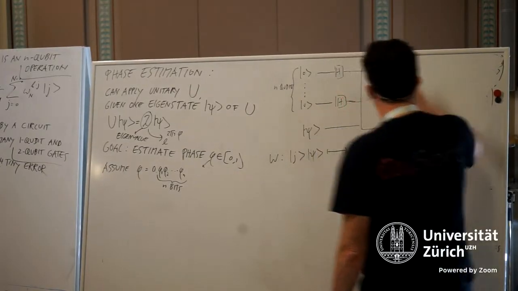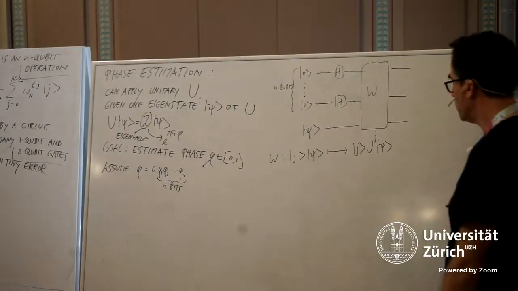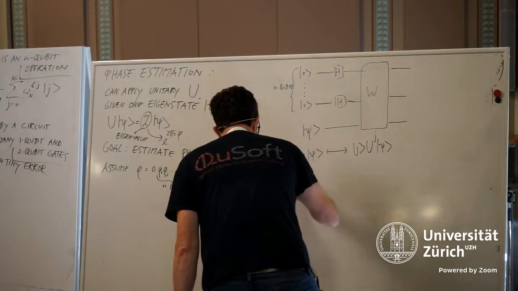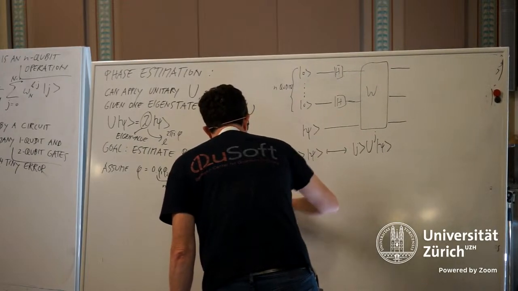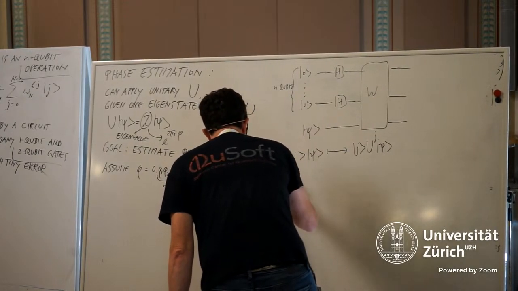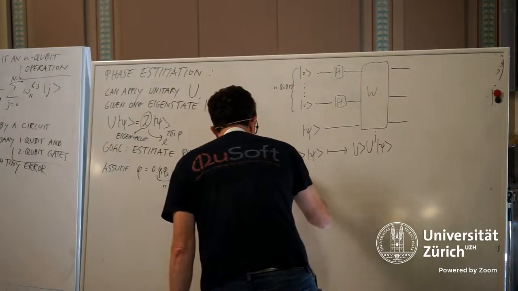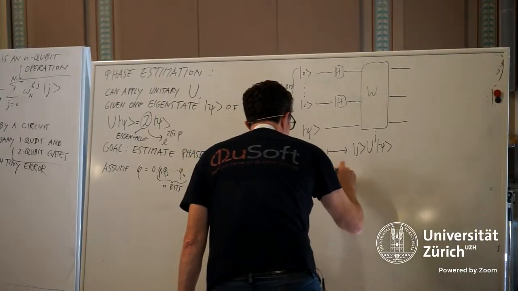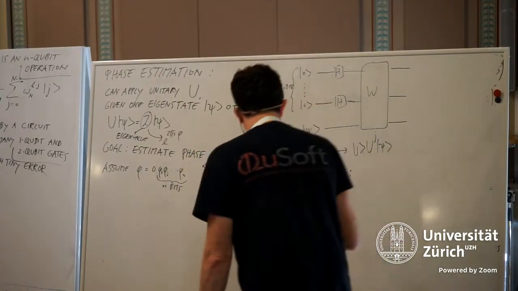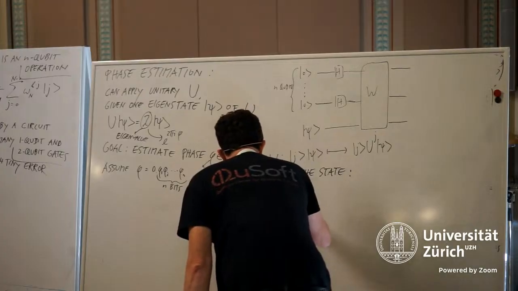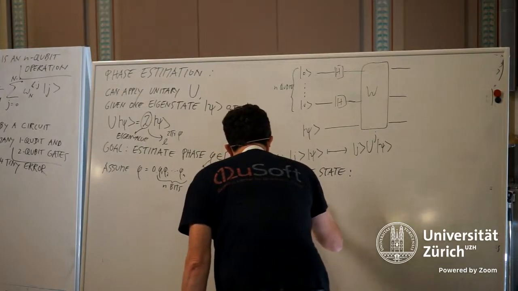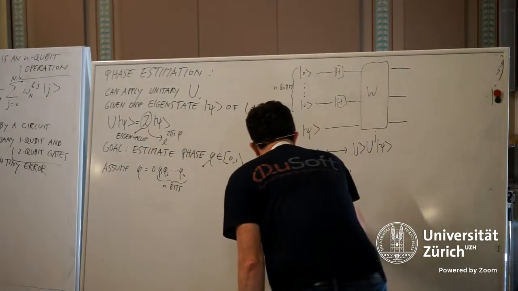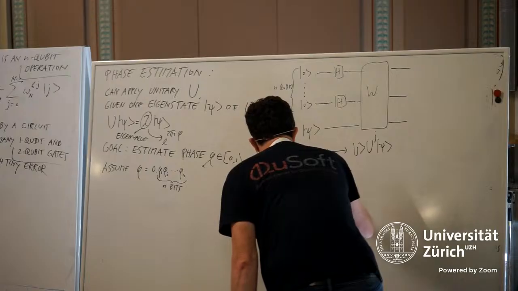Now let me analyze which state we have after this W operation. Let's just track the state again, like we normally do, through the circuit. We start with |0^n>|psi>. We do these Hadamard gates on the first register, identity on the second register.